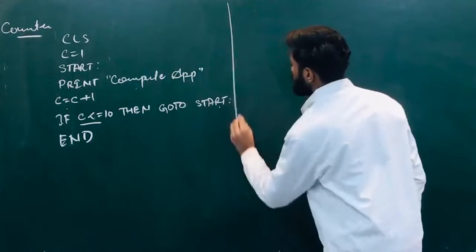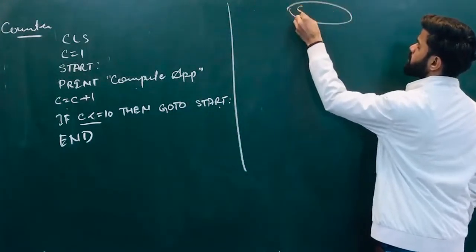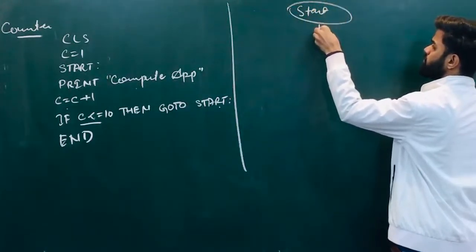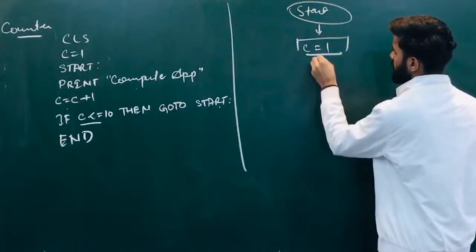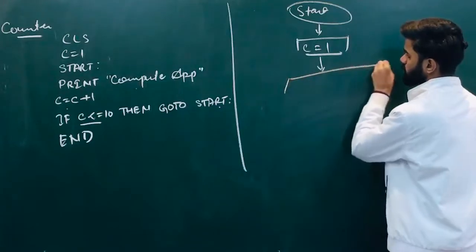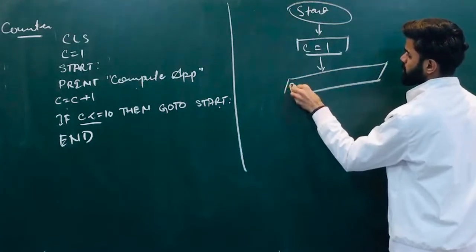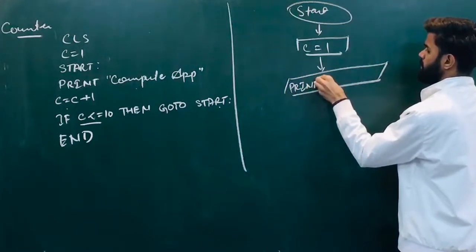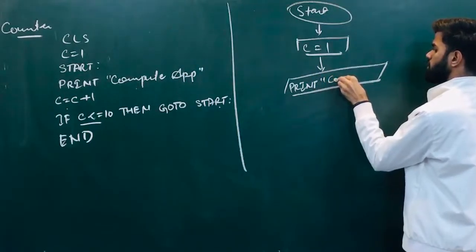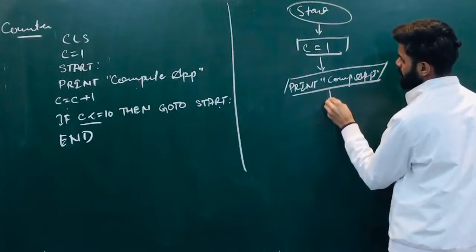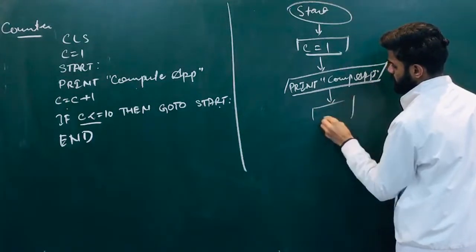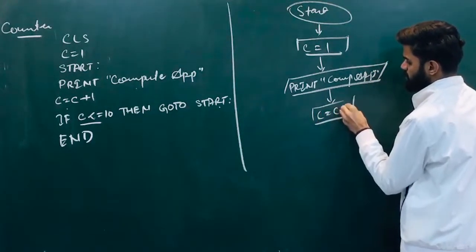Now the flowchart also. We start our program. C is equal to 1, and then print computer application, and then C equal to C plus 1.